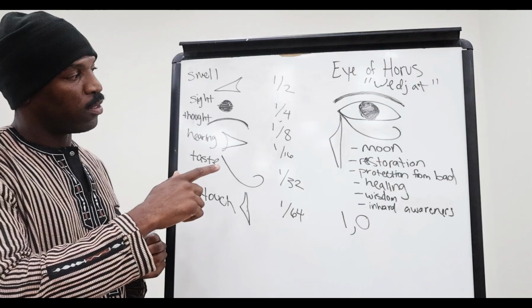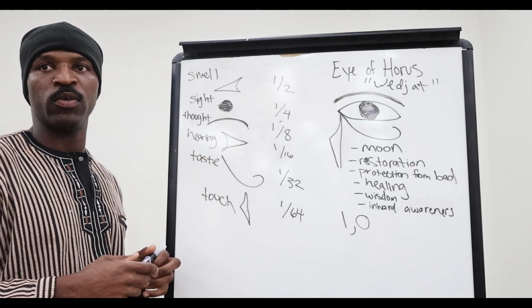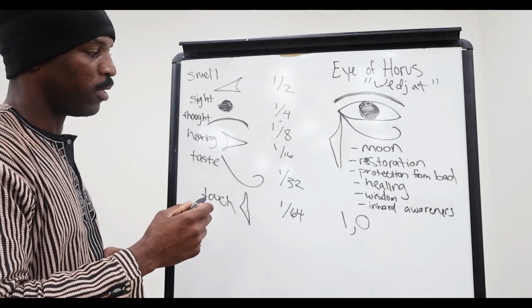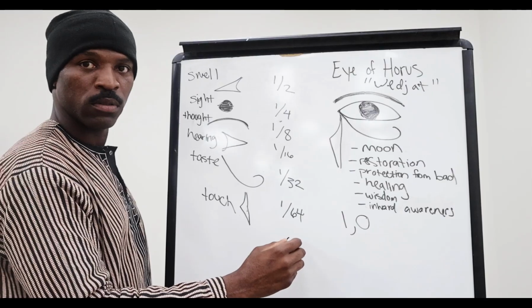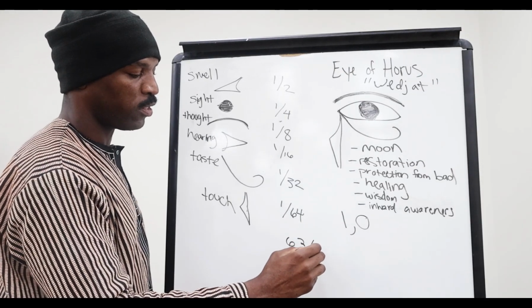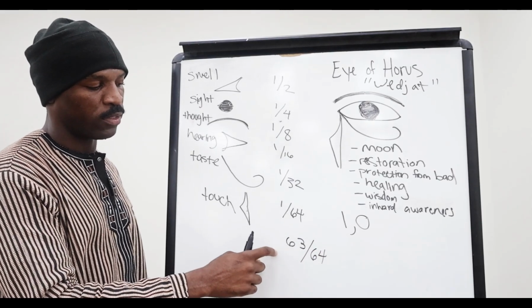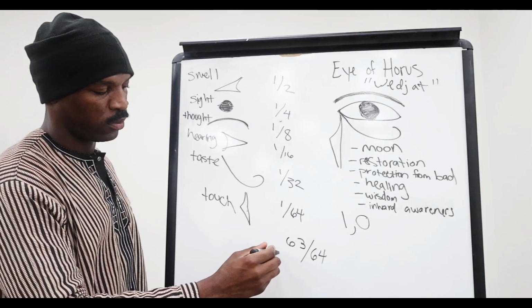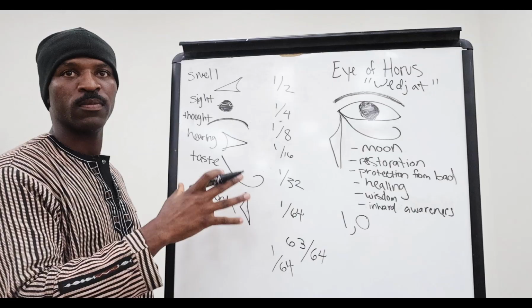But if we took the time to add all of these fractions up, we would notice something that probably isn't too obvious here, that they only go up to 63 over 64, right? And there's one 64th missing to make it whole, okay?